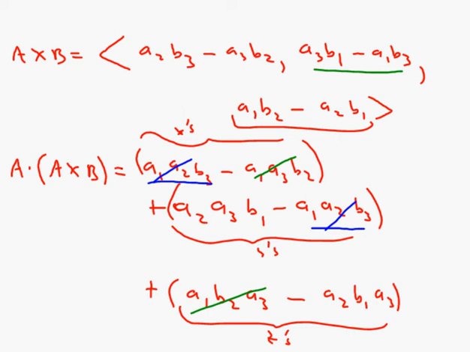What they do, A2, A3, B1. Here is A2, A3, B1. They cancel. So sure enough, you get 0. Okay. You could do the same thing for B dot A cross B. And what I'm showing is that the cross product, the vector you yield, is always perpendicular to the two vectors you crossed at the beginning. Okay?